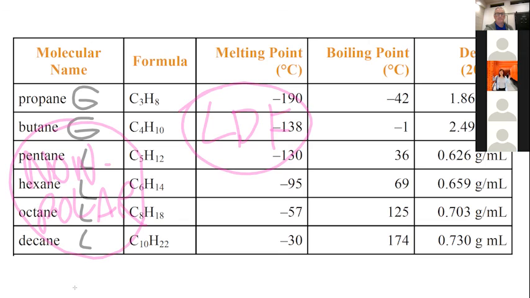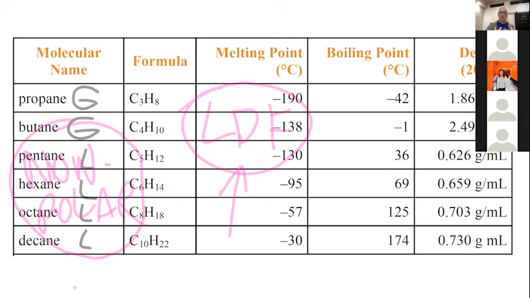They're longer. That's right, they're longer molecules, they're bigger. Octane has much more surface area than propane does. And so octane can make a lot more of these weak interactions than propane can. And the more of these weak interactions you can make, the more energy it takes to break them.